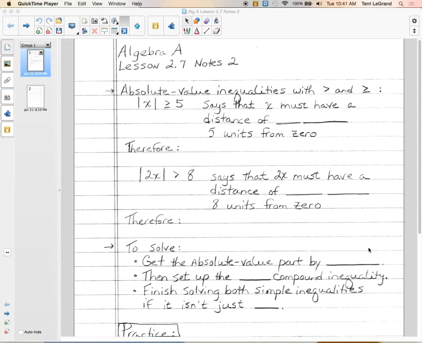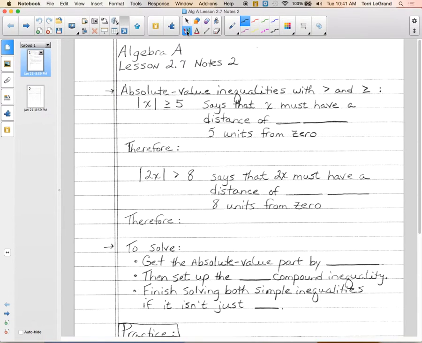That was yesterday's type, is less than or equal to. For today's type, I want you to circle that right now in your notes so that you don't forget, or it helps you draw attention to what if I have the is greater than symbol in it, or the is greater than or equal to symbol? What am I going to do then? Because it's different. The absolute value of x is greater than or equal to 5 says that x must have a distance of 5 or more, right?